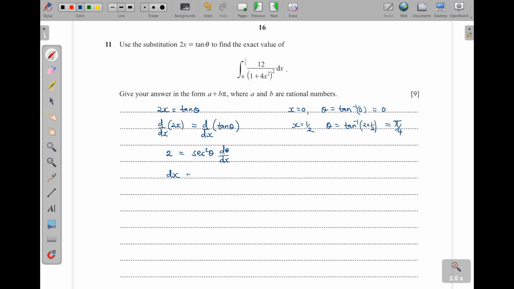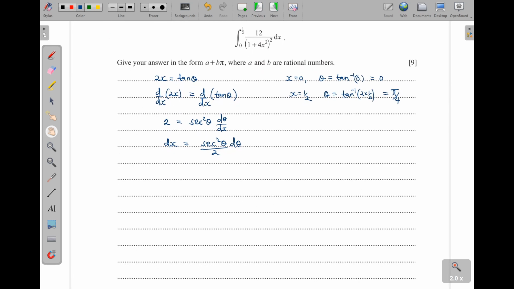So dx is going to be equal to, when you cross multiply, sec squared theta over 2, d theta. Now, sec squared, like I've said, is equivalent to 1 plus tan squared theta, then divide by 2 here, d theta.